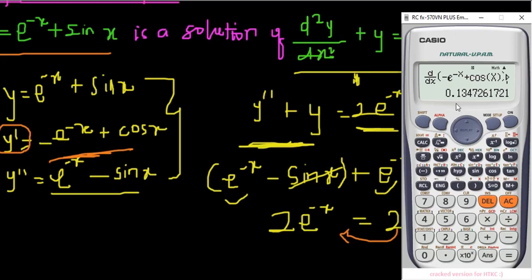Now note that this answer is in degrees, but we want our answer to be in radians, because we have trigonometric expressions like cos. So all you have to do is change this degree answer into radians. Click on shift mode and then click on 4. After doing that, click on the equal to sign again.